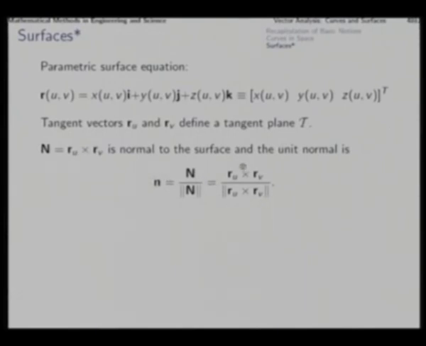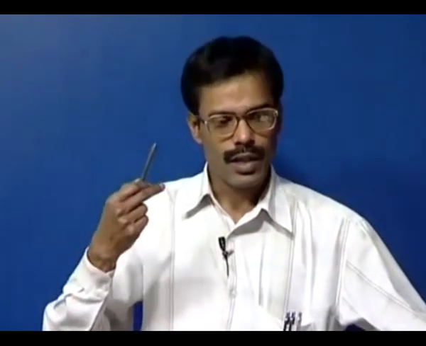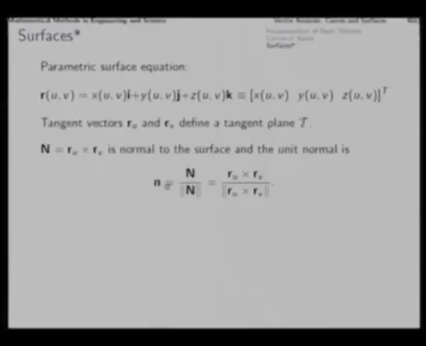Now, the local shape of the surface around this point can be explored, can be analyzed through the investigation of how this particular unit normal changes as you move along the surface along this tangent or that tangent or any other tangent. Okay.